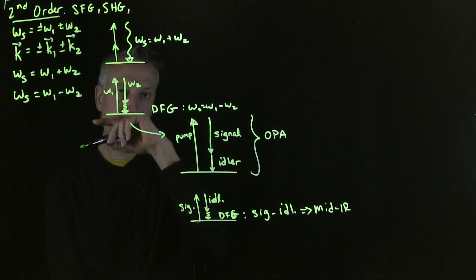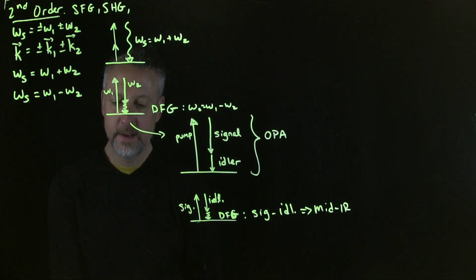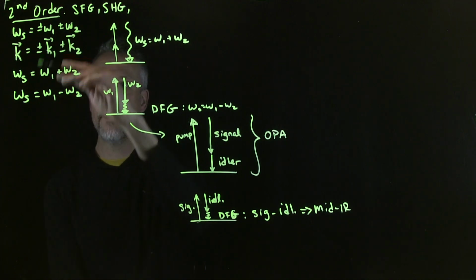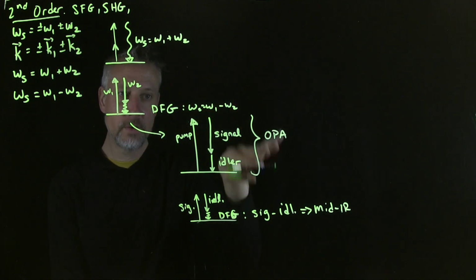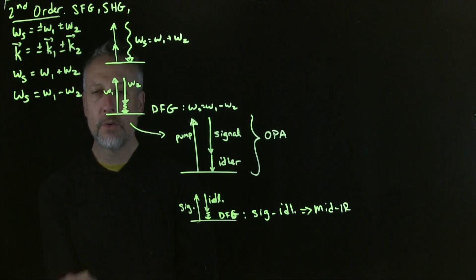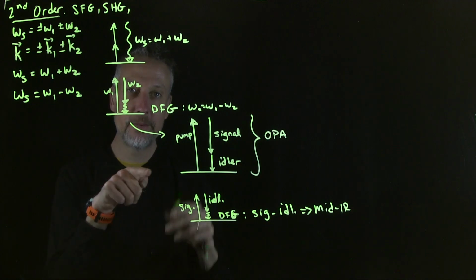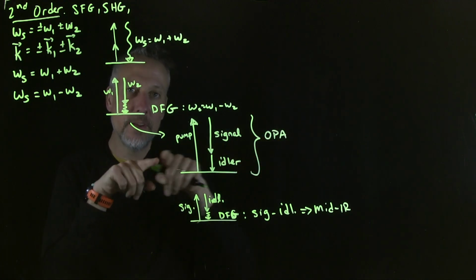Now let's think a little bit about the directions. All right, so remember I said that we have these different frequencies, which is mostly what we've been considering here, but there's also the directions. Now, of course, if everything is collinear, there's nothing to worry about because the wave vectors, which might have different lengths, will still have the same direction.